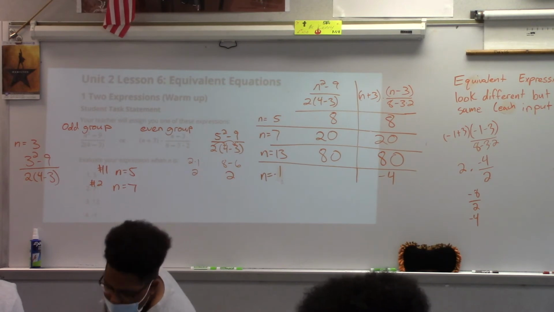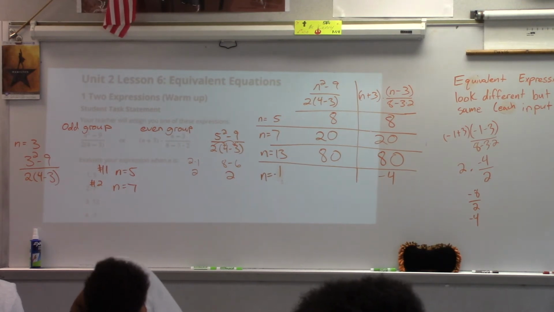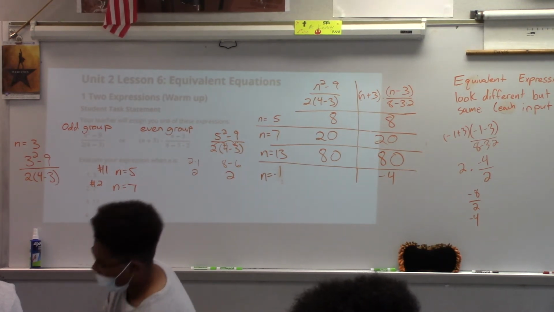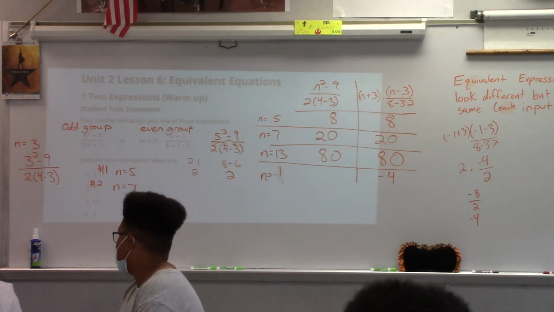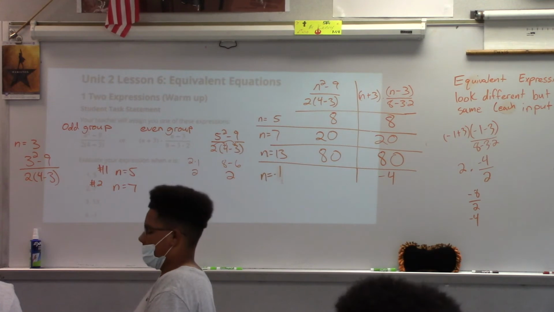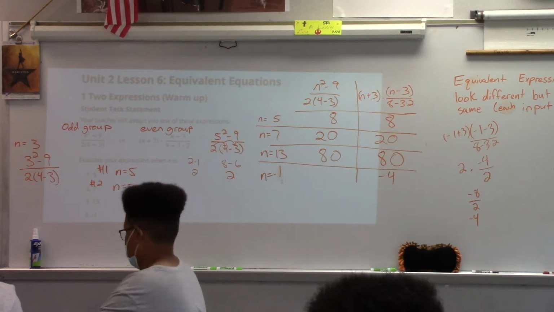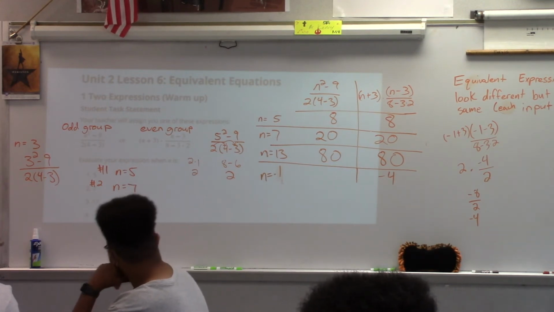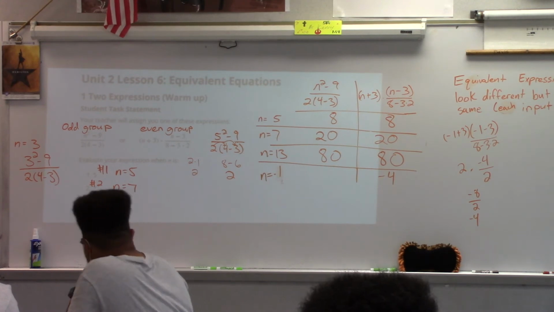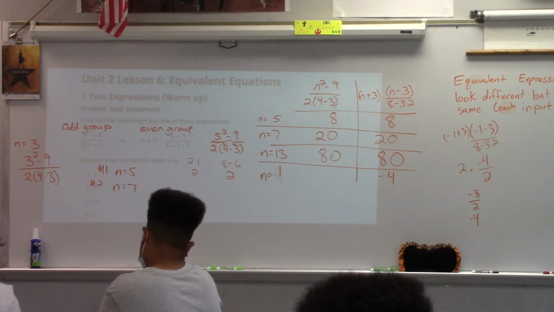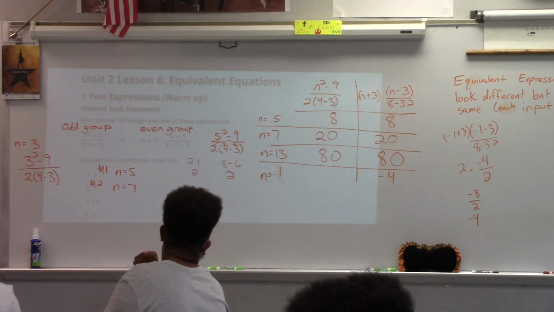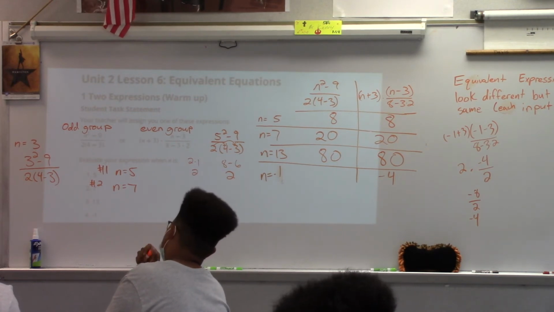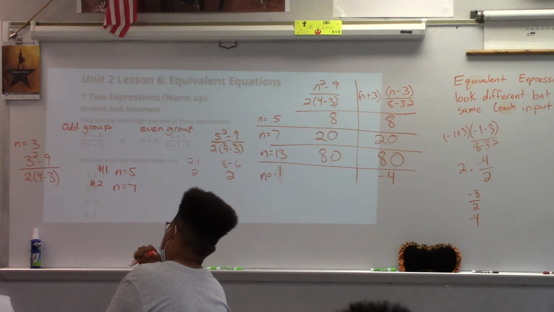Repeatedly multiply. Kaisen, I need you to pay attention because you were confused about this earlier. When you square something, that's not repeated addition, that is repeated multiplication. So that is literally negative 1 times negative 1. And what's a negative times a negative? A positive. That's why it's a positive 1 here.